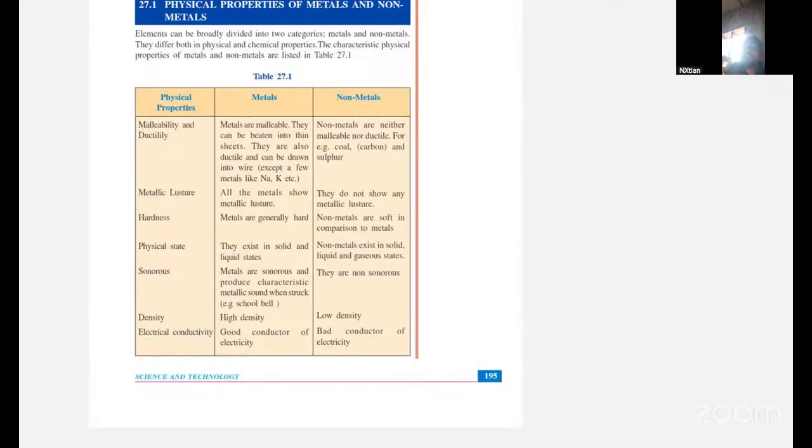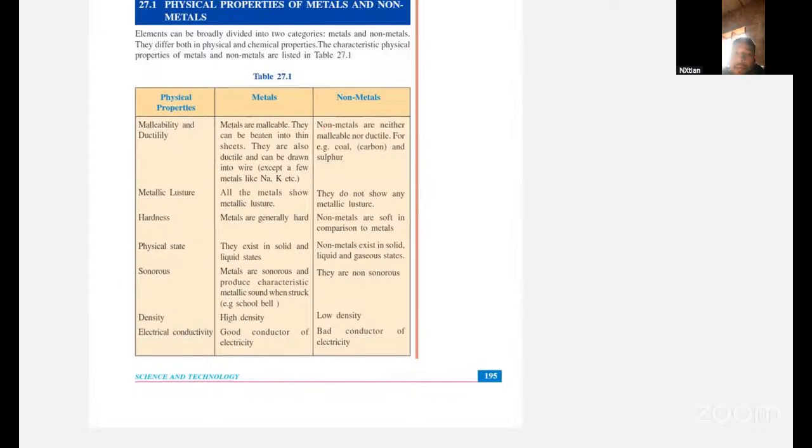Malleable is a property in which when you hit the substance with a hammer or a hydraulic press, it converts into a thin sheet. Now metals are malleable. They can be converted into a thin sheet when you hit them with a hammer. But non-metals are non-malleable. For example, glass is a non-metal.